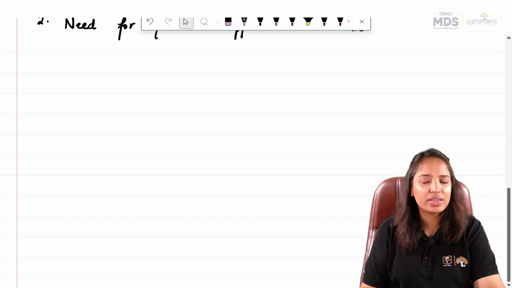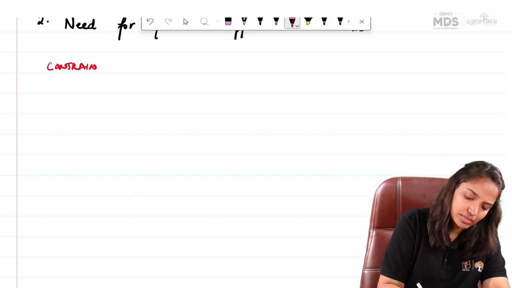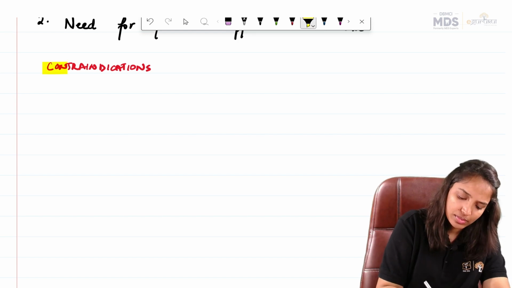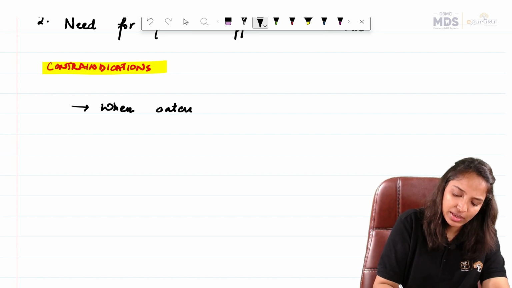Now, what are contraindications of a single palatal strap? The first contraindication is when anteriors are missing and when you have distal extension cases.